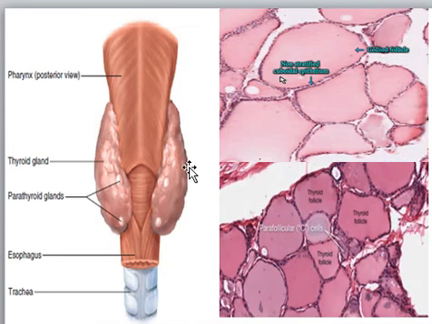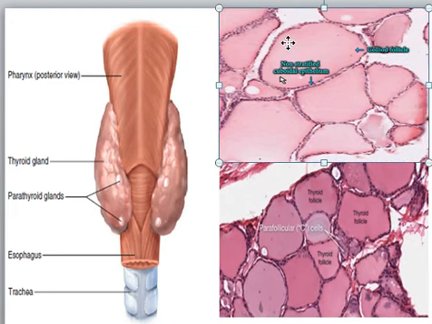Now, this is the thyroid gland, and as I said before, it is located in the neck. You see here it wraps around the pharynx and the esophagus, and this is the trachea. Histologically it is composed of many follicles. This is the follicle which contains the hormones produced by the gland itself, which are T3 and T4.